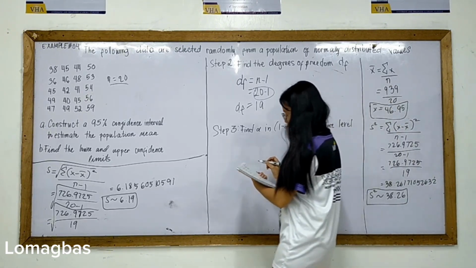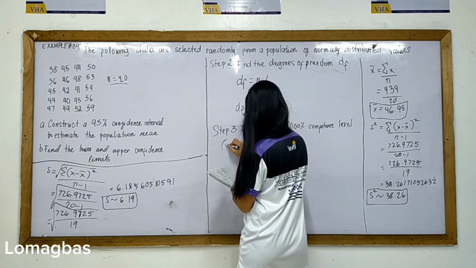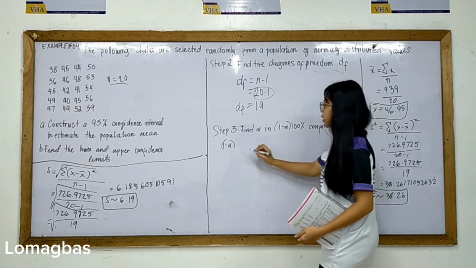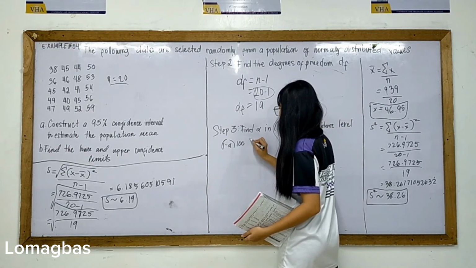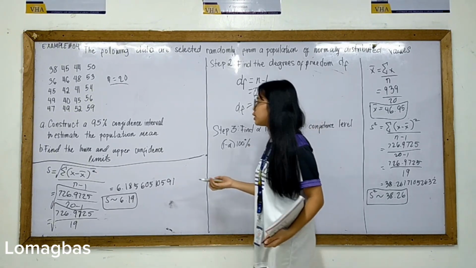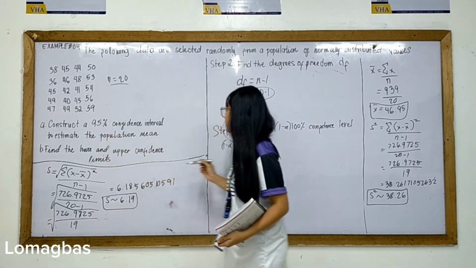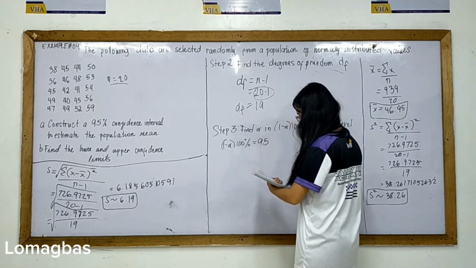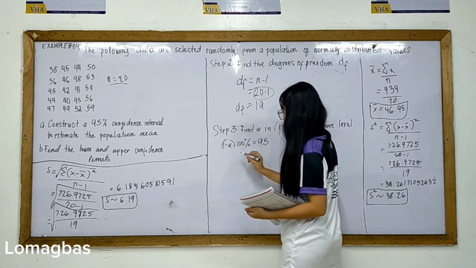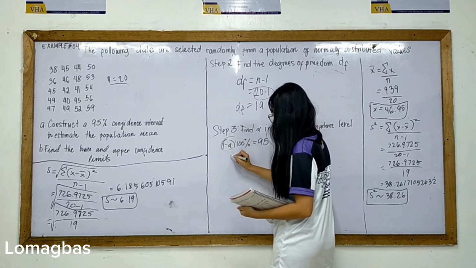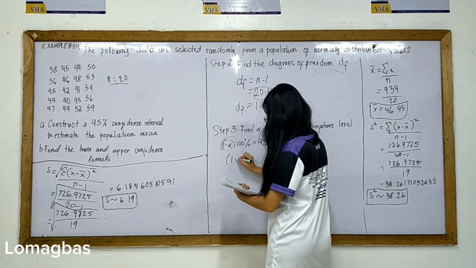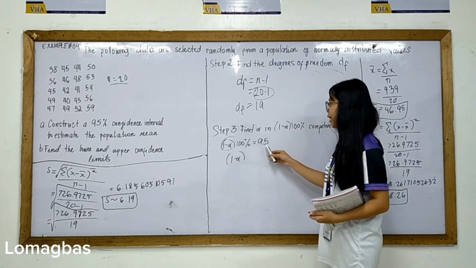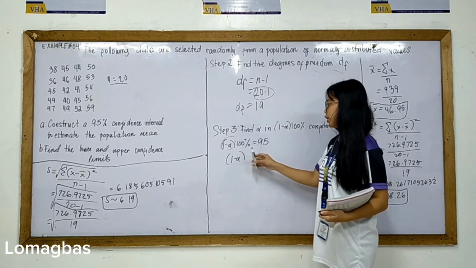So our formula is 1 minus alpha equals our confidence level, which is 95%. And to solve it, we have to divide this by 100.